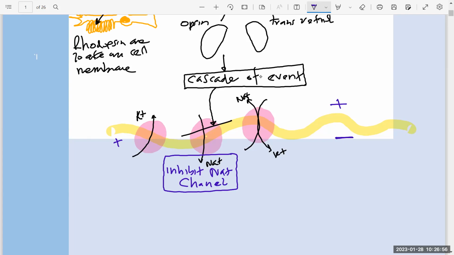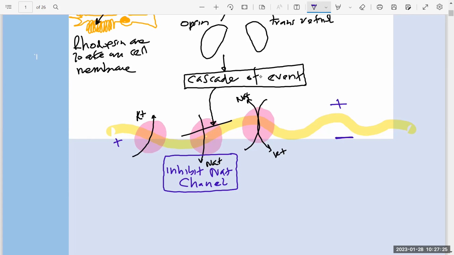Now, potassium ion going out further loses positive charge. Inside loses positive charges because positive charges are going out. And sodium ion brings some positive charges, but it is now not happening.